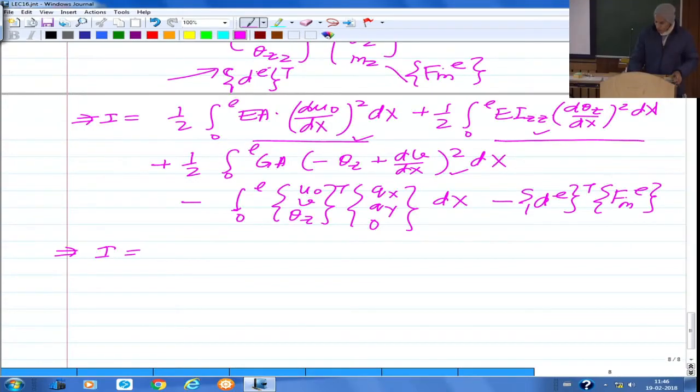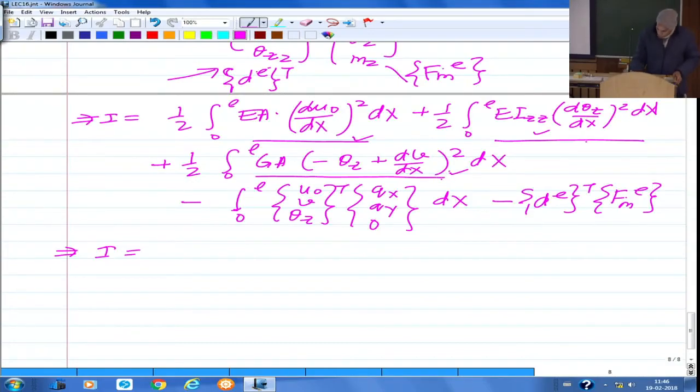This is referred to as bending strain energy, because this comes from EIz d theta z by dx, the rate of change of bending rotation. And this is transverse shear strain energy, because this is coming from tau xy, the transverse shear deformation, the normal not remaining normal to the deformed neutral axis. Whatever energy is stored because of that is transverse shear strain energy.